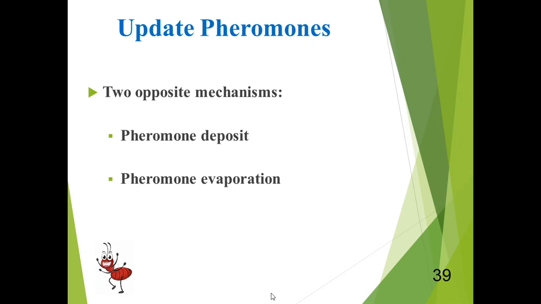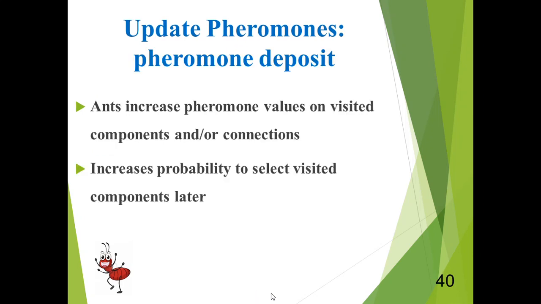Two opposite mechanisms: pheromone deposit and pheromone evaporation. Update pheromone deposit: increase pheromone values on visited components and/or connections. Increase the probability of selecting visited components later.